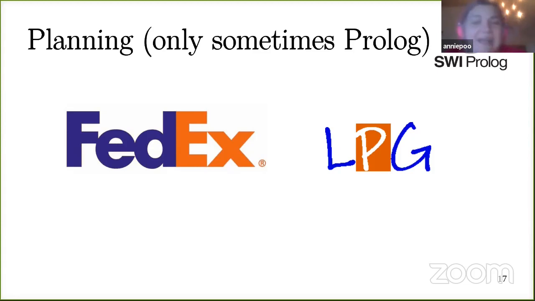And the rules for such actions are defined in a standardized language called PDDL, the Planning Domain Definition Language. One of the commonly used planners is LPG-TD, which is part of the LPG series.